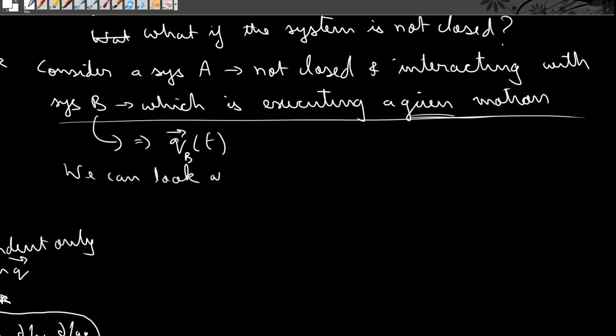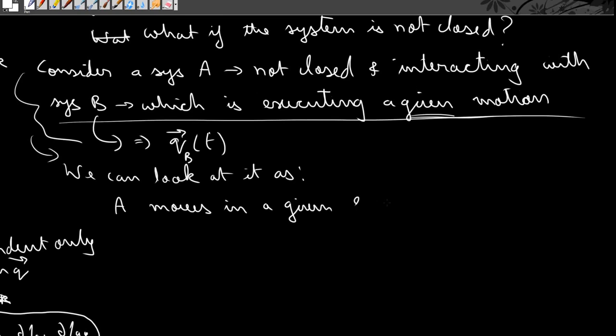There is another way of looking at it: A moves in a given external field due to B. So what does this mean?